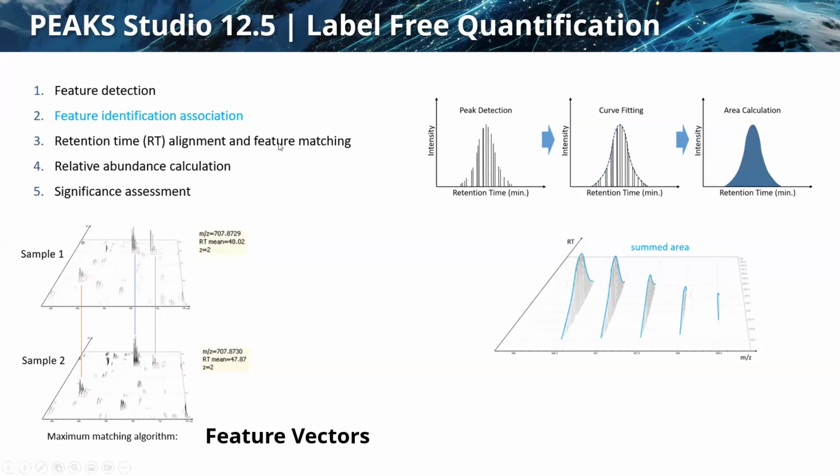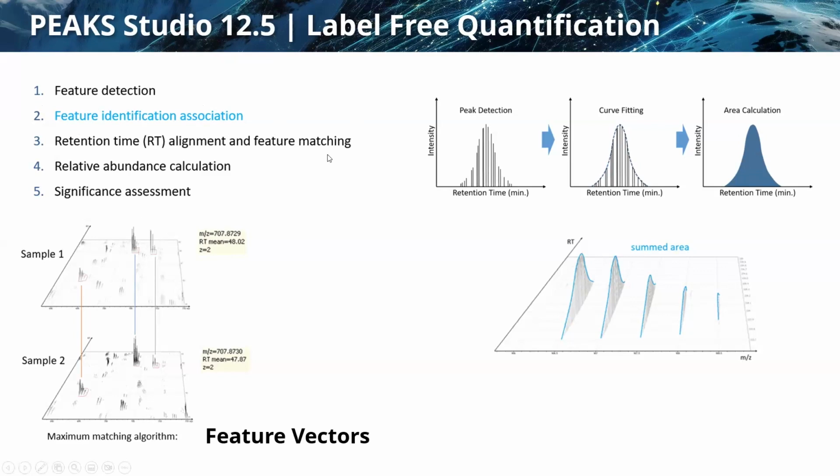Now in DDA, you can actually choose a feature-based quantification instead of the identification-based, where if you check this, this step is going to be performed at the very end, and you're going to be able to quantify peaks that don't necessarily have a database match. But this is the default, is to have this step second.